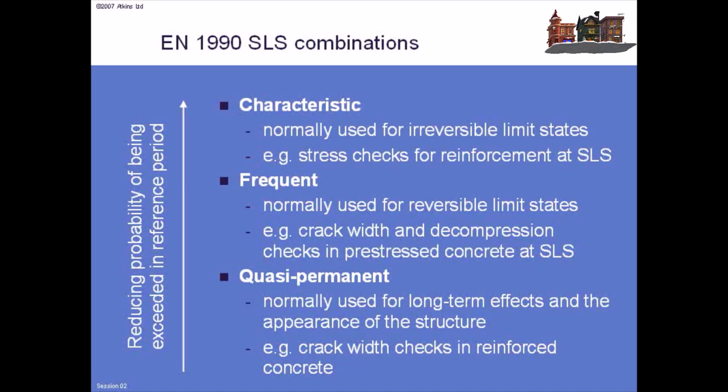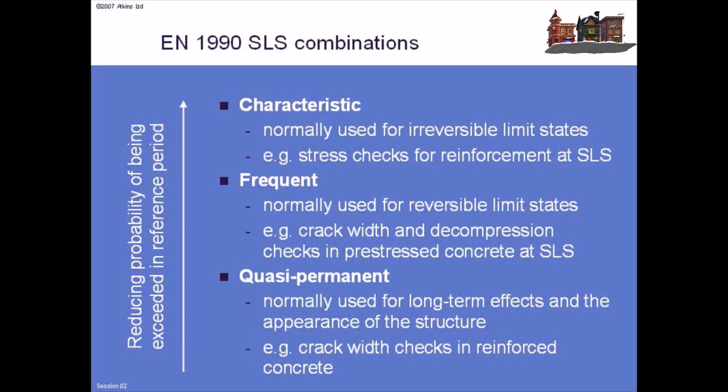So the characteristic combination, as it sounds, is basically the worst case serviceability loading in the lifetime of the structure. And then in between the two, you have the frequent combination, which represents the worst sort of loading you're going to get in a matter of a couple of months. For serviceability combinations, that's generally used for pre-stress checks, for checking crack widths in pre-stress. And that's only because people get historically more worried about cracks in pre-stress because of the potential greater damage to pre-stress structures corroding.